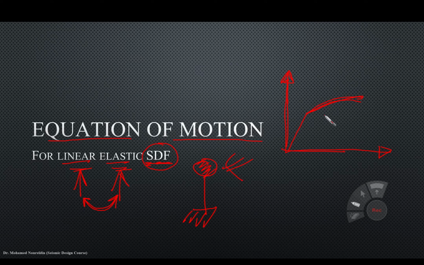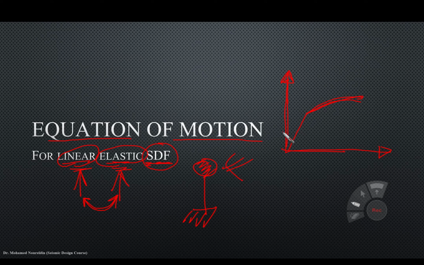But some materials, like shape memory alloys, for example, are sometimes nonlinear and elastic at the same time. So this is why we say that our system is linear and elastic.